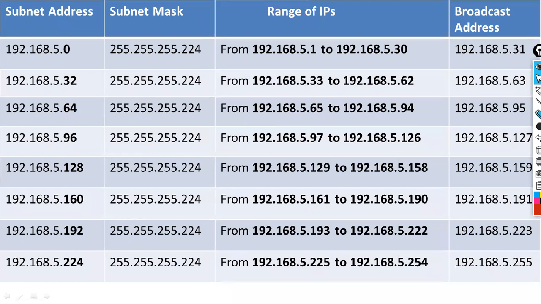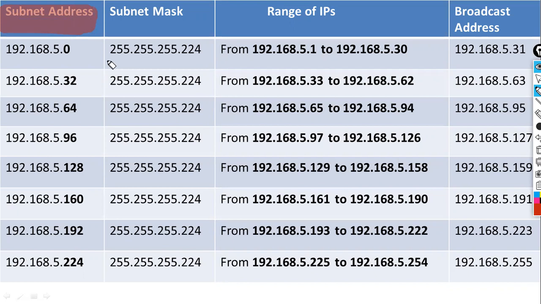And if you look at this table, in this example, 3 bits have been borrowed. And see here, the main task is writing down the subnet mask. That's the main job. And how to do that? Get the block size.